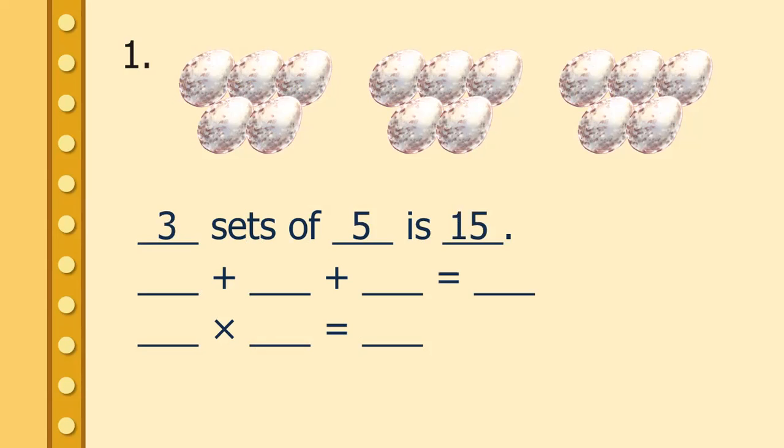And again, we found that we could count it up, we could skip count by 5, we could count singles, but so you could do 5 plus 5 plus 5 is 15. But what you want to do is write 3 times 5 equals 15. Your book wants to ensure that you understand that this 3 times 5 equals 15 is the same as 5 plus 5 plus 5, or 3 sets of 5.